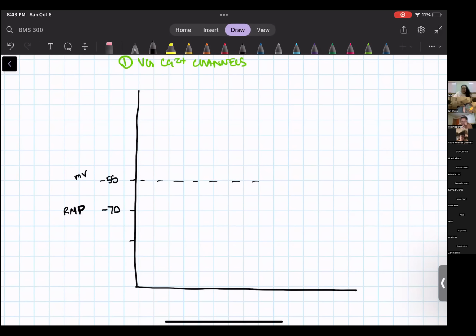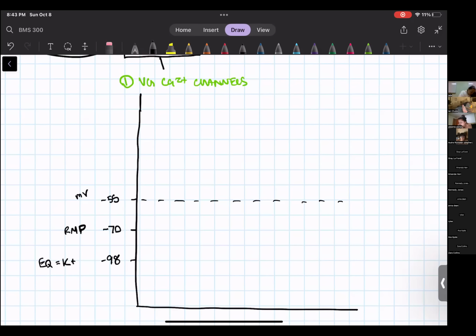Cool. Sorry, he gave you different values than I know, so I'm asking you guys. I always knew it as -80. I think they could be different values all the time. I think know the ones he gave you though. So -98 is our equilibrium potential for potassium. What is our equilibrium potential for sodium?